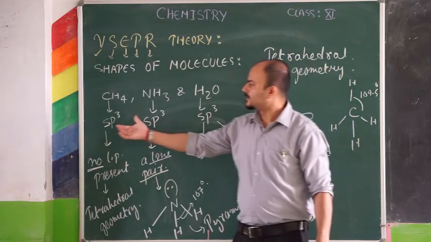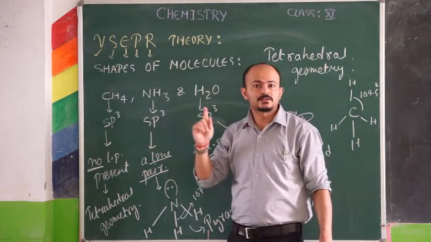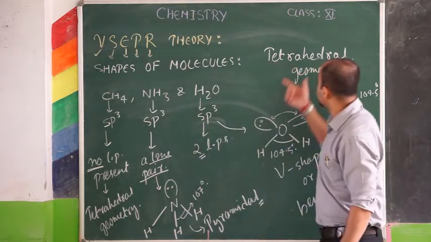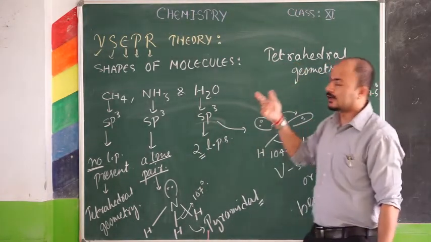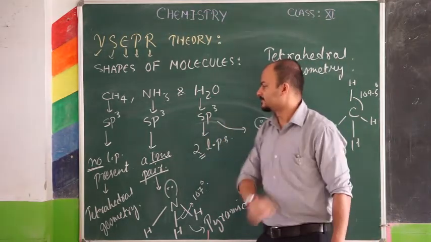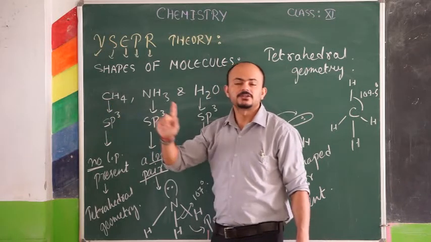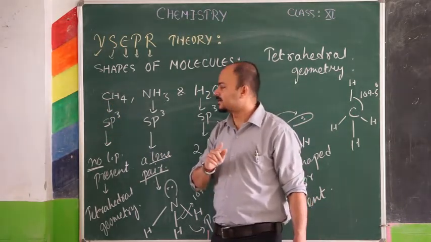If it is sp3 hybridized, then it is supposed to have tetrahedral geometry. That's true if you don't have a lone pair. Therefore, this CH4 molecule has tetrahedral geometry. Please don't forget.